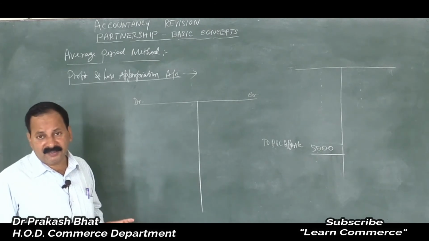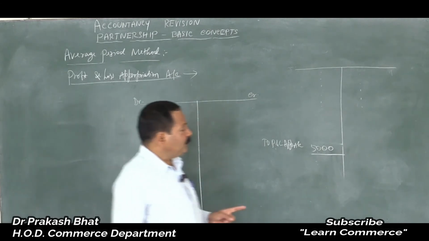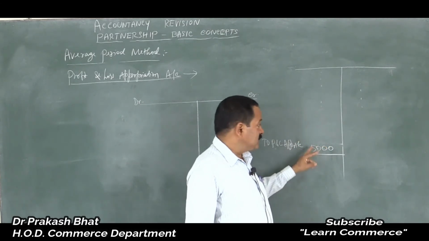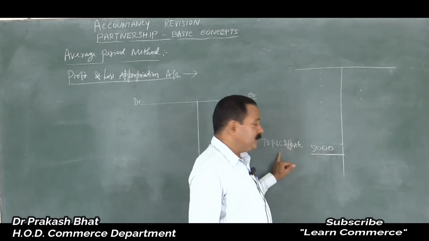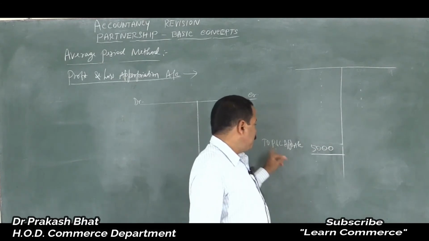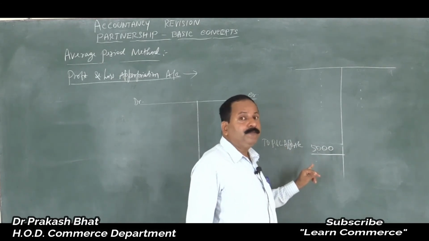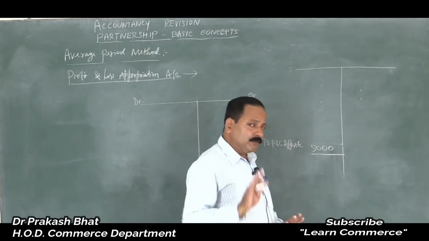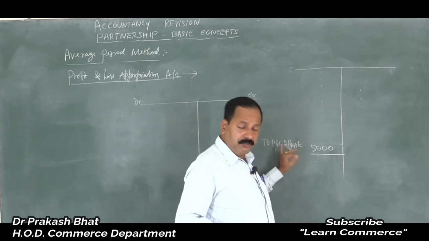That is what you will write here. Are you getting me? So the profit and loss account will be closed not by transferring it to the capital account, but by transferring it to the profit and loss appropriation account. If there are no appropriations, no doubt it goes to the capital account.